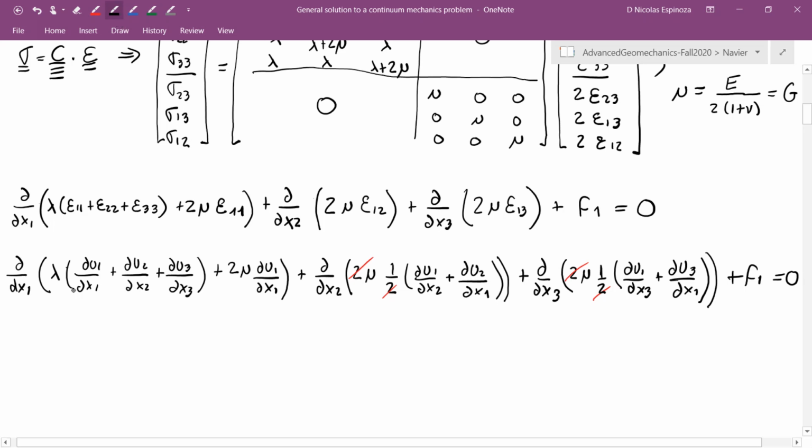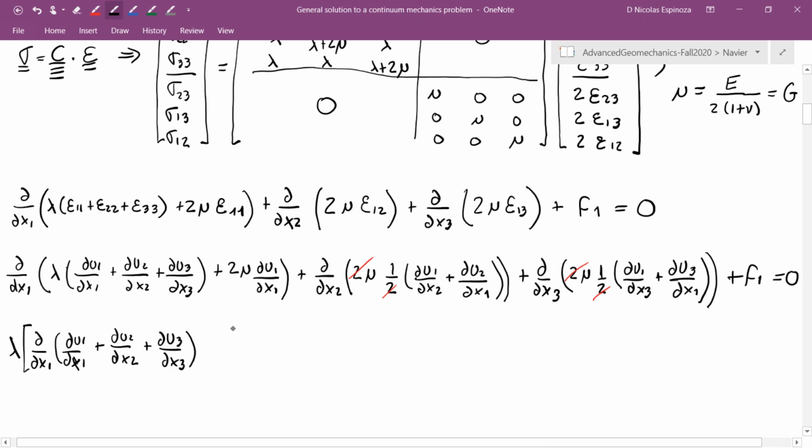Okay, let's start with the first term. The first term, I can take lambda out of the derivative because lambda is a material parameter and it is a constant. And let me now open a bracket, and this is going to be the derivative with respect to direction 1 of what I have in between the parentheses, and close the parentheses.